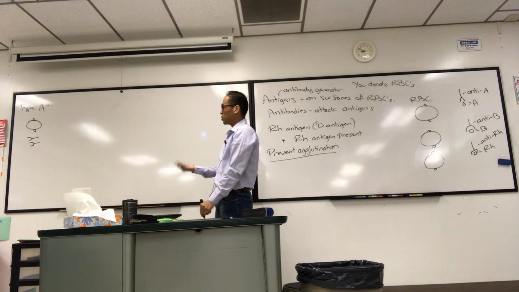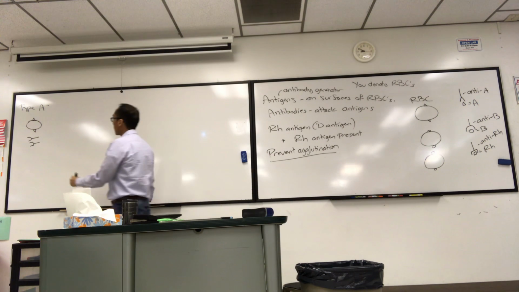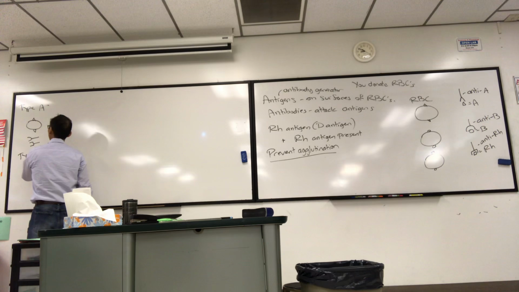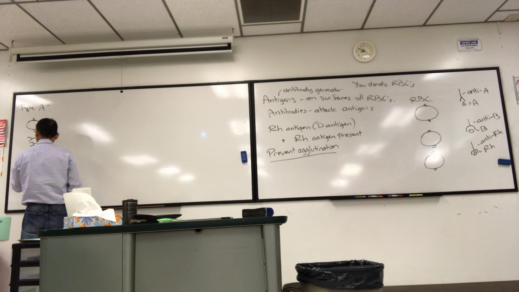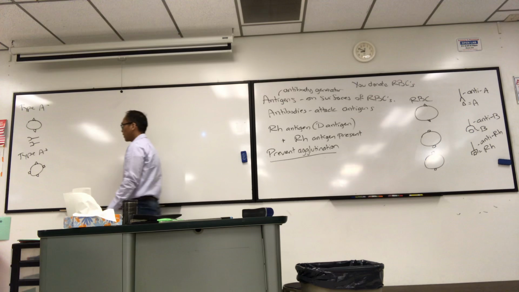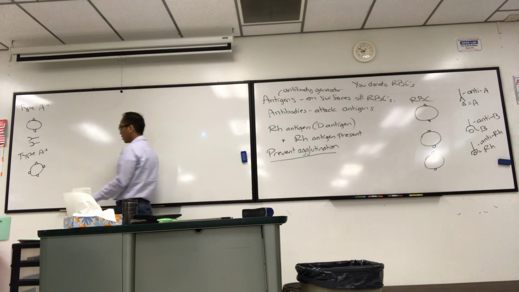That's what you assume about a person if they're type A. So if you're A positive, you have 2 antigens present, the A and the Rh. So triangles and squares to symbolize. And then you would expect that person to have the antibody against B only.